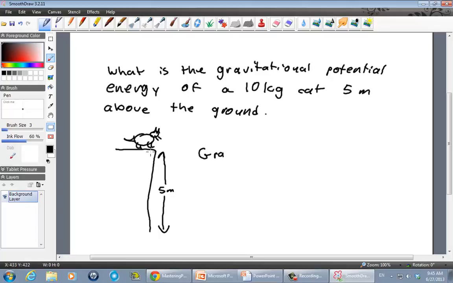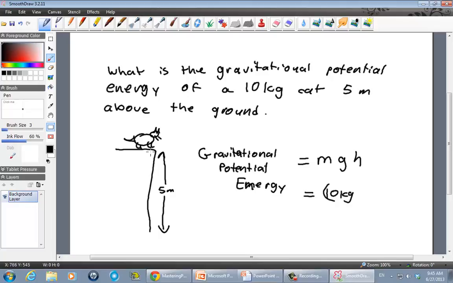Now this cat has a lot of gravitational potential energy, because he's a fairly massive cat. Gravitational potential energy is mgh. So mass of the cat, 10 kilograms.